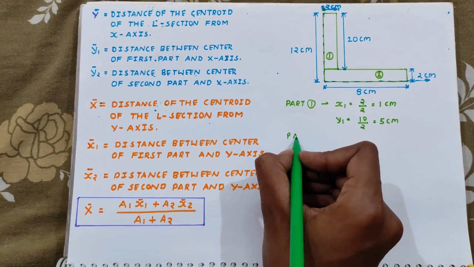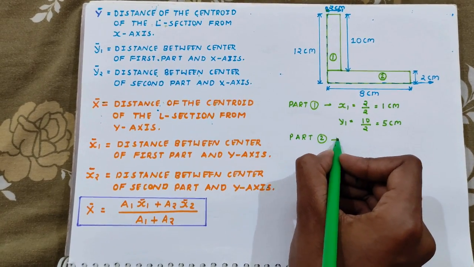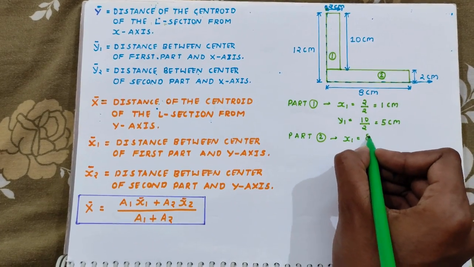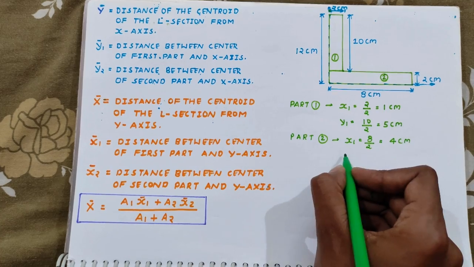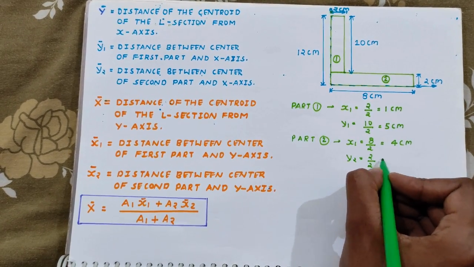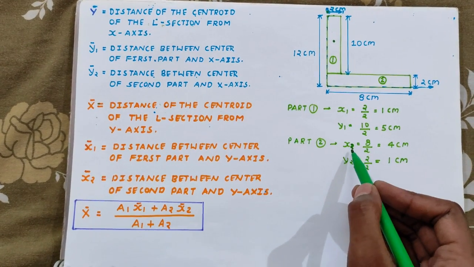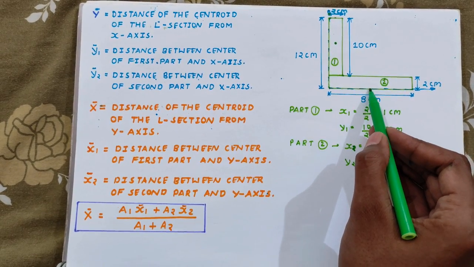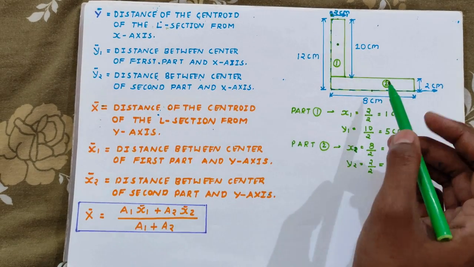Now for part 2, x2 equal to 8 by 2, equal to 4 centimeter, and y2 equal to 2 by 2, 1 centimeter. So this length will be equal to half of 8, 4 centimeter, and y2 equal to half of 2, 1 centimeter.